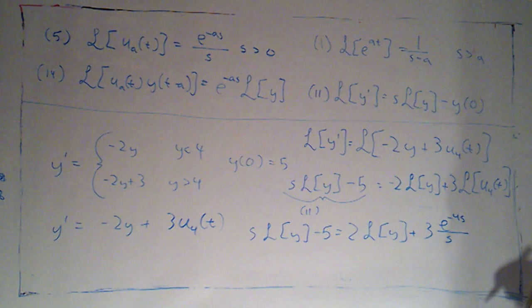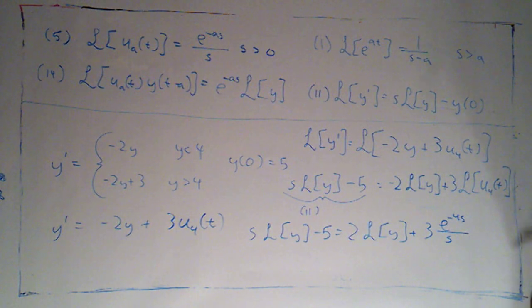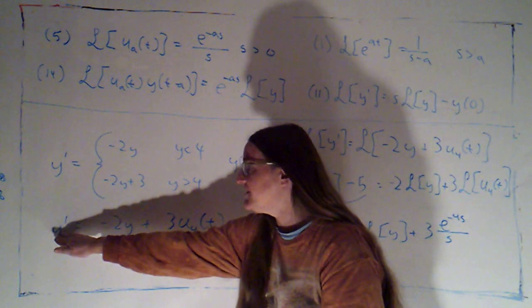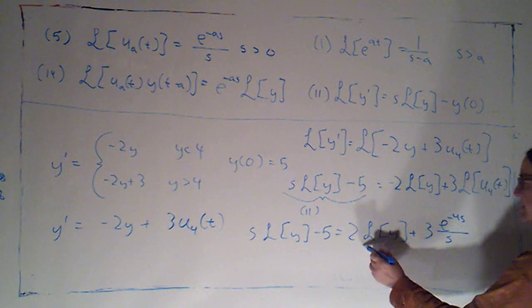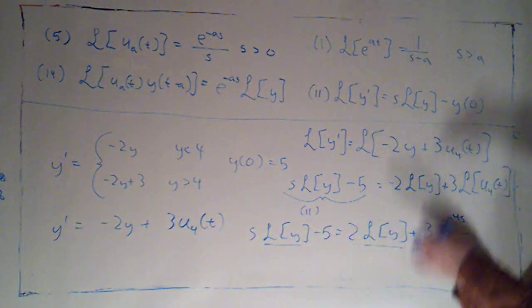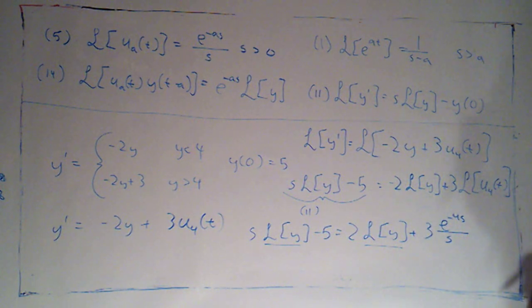Okay, excellent. So now I've taken the Laplace transform of both sides. So I've converted from this differential equation that has a derivative in it to this algebraic equation that just has this unknown function being multiplied and added, and just algebra stuff is being done to it.